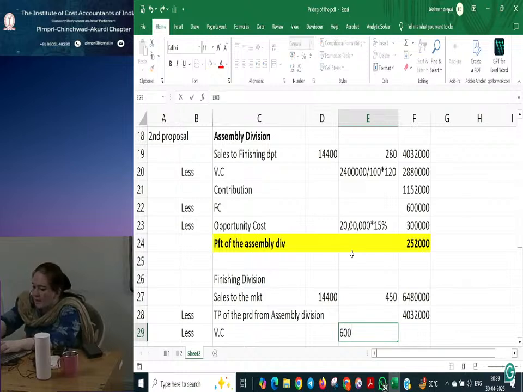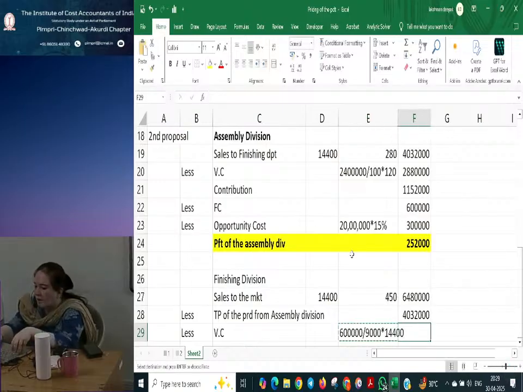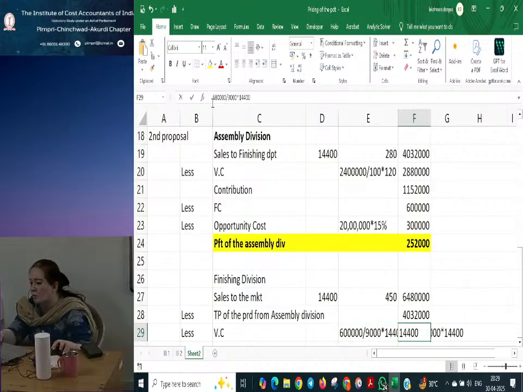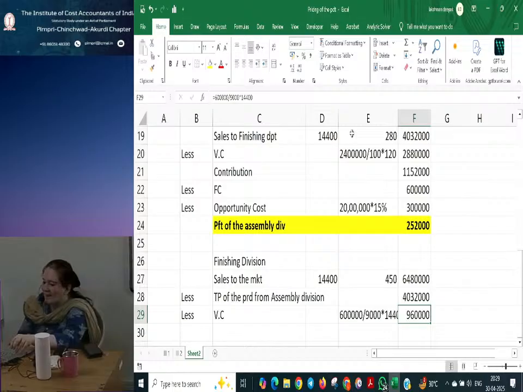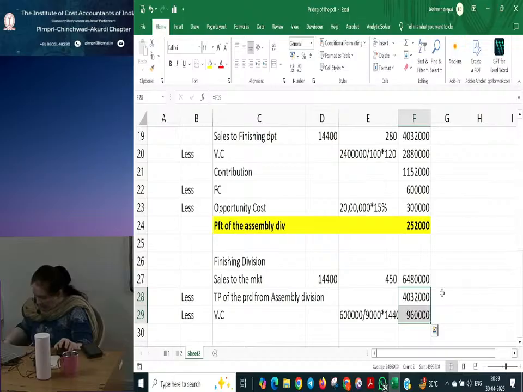So 6 lakhs divided by 9,000 into 14,400. You should be very careful while you calculate the total for variable cost, which is 9,60,000. So put together, it is 49,92,000.